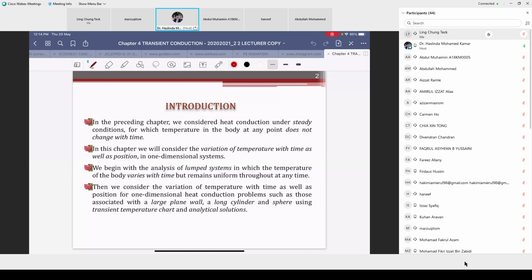So as I've told you, transient means the temperature in a body at any point changes with time. That is transient, or the variation of temperature with time as well as position in one-dimensional systems. Meaning that in our case, we just focus on a one-dimensional system. If the x direction, only the x direction.